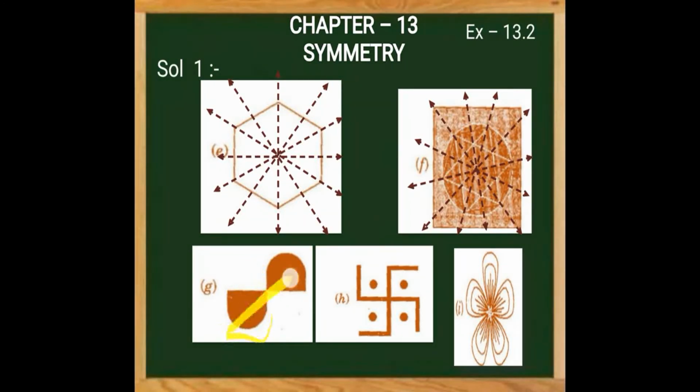Similarly, if I draw a diagonal line of symmetry, this is a curve which will not be able to coincide with the curve on the other side. So there is no line of symmetry for G, and similar is the case with H. So we'll say they are asymmetric figures and so they do not have a line of symmetry.